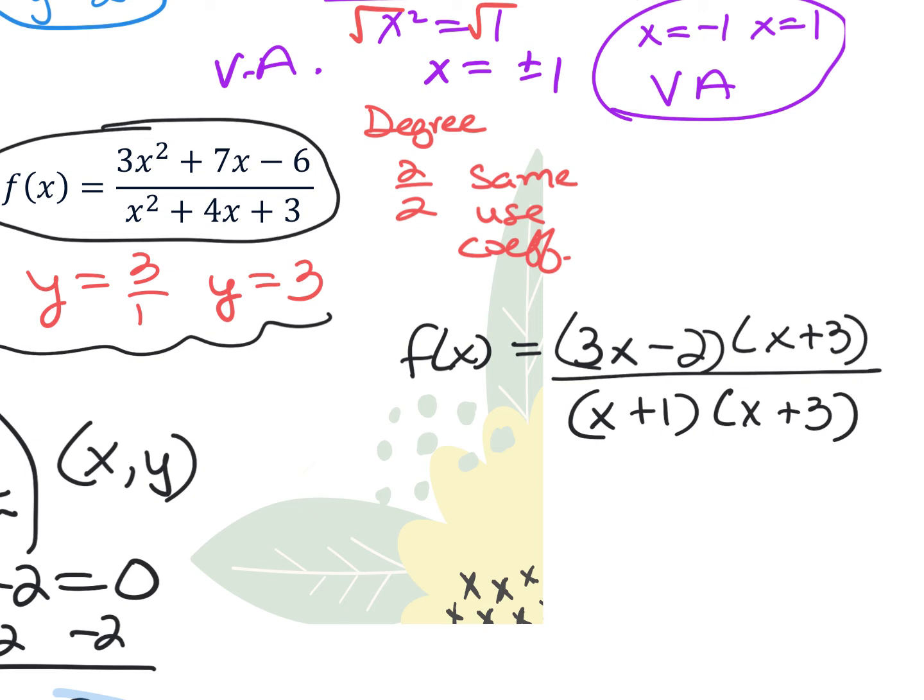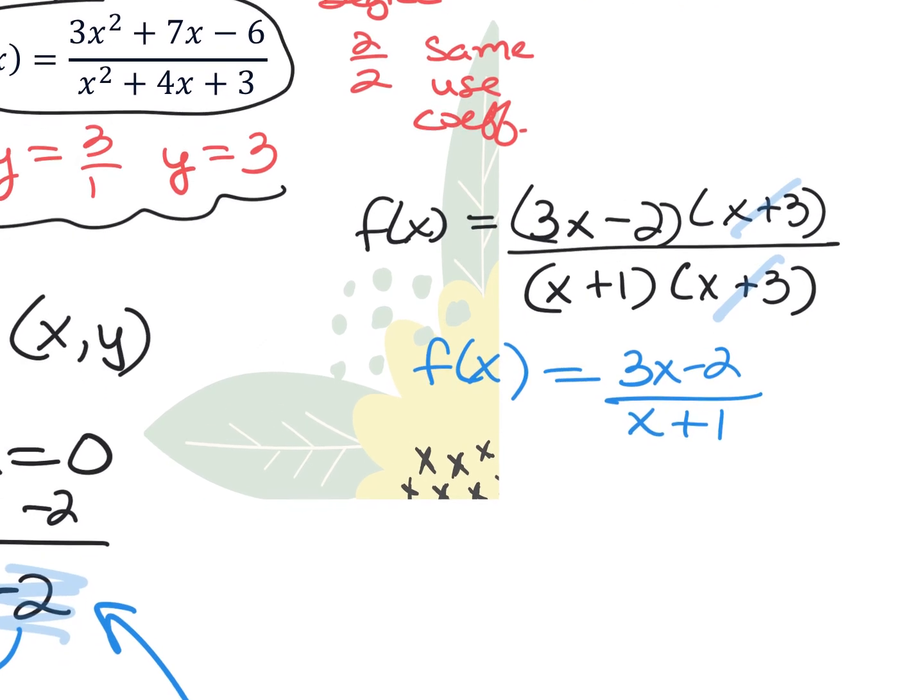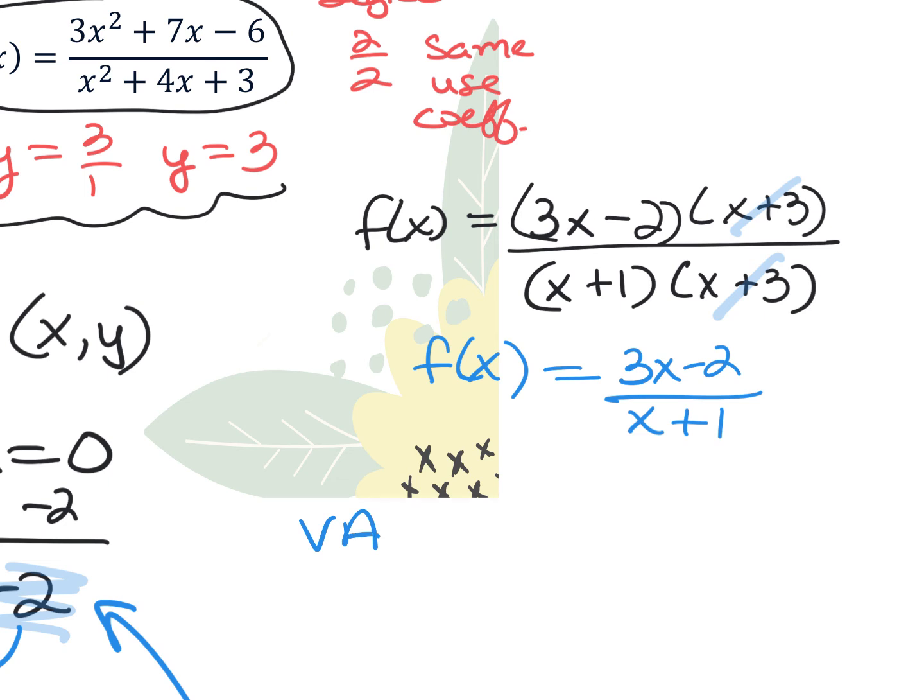Again, I want to simplify this. The x plus 3's cancel. So my simplified function is now 3x minus 2 over x plus 1. To find the vertical asymptote, you set the denominator equal to 0.